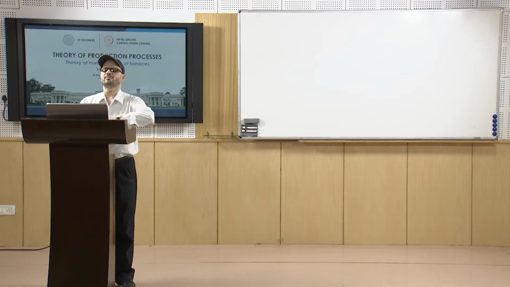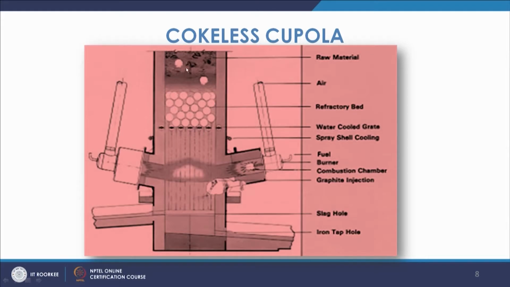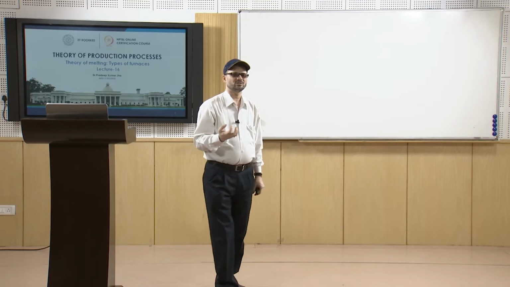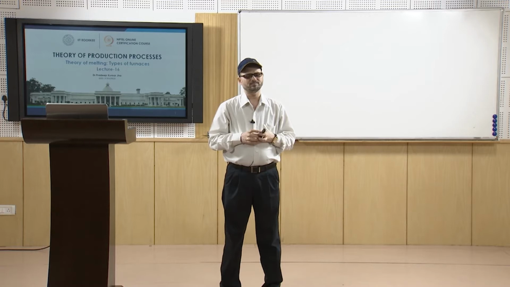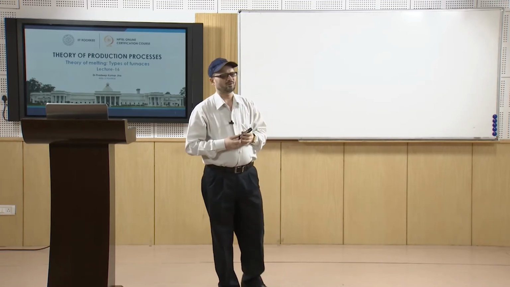This burner heats, the heat goes up, and above you have the charge. This will be melted, and after melting the charge will trickle down slowly through this refractory bed. Then you can have graphite injection to compensate for the carbon pickup, because if you have coke, then you have the chance of carbon pickup, because that supplies enough carbon.